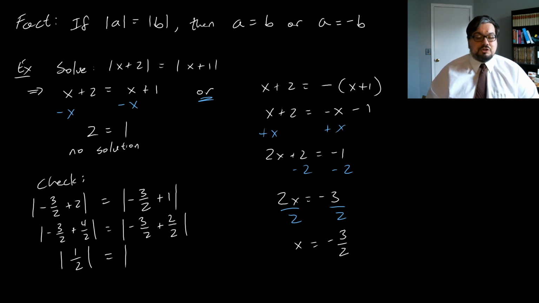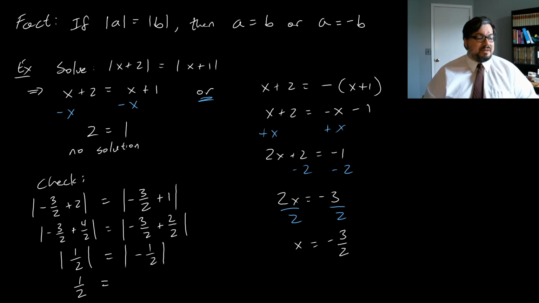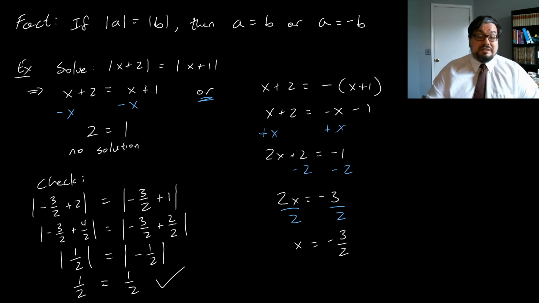And negative 3 over 2 plus 2 over 2 is negative 1 over 2. The absolute value of 1/2 is 1/2. The absolute value of negative 1/2 is 1/2, and so that checks out. So that tells us that we do in fact have a solution here. x equals negative 3/2 is a solution, is the only solution in fact to this equation.